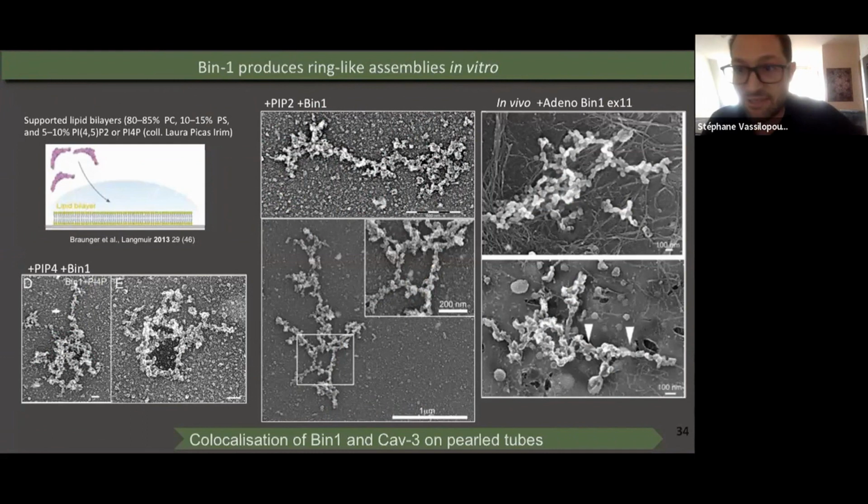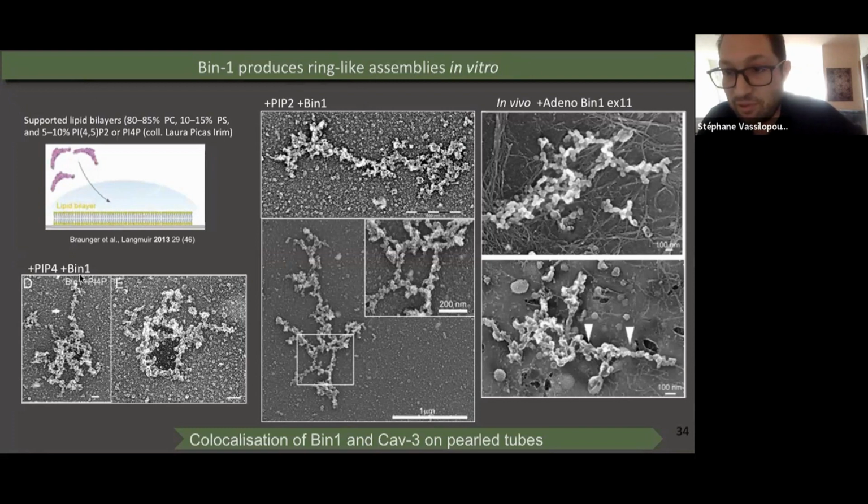Okay, and the last piece of data for this purely basic science part of the presentation is that we collaborated with Laura Picas in Montpellier to prove that this was something that was capable of happening in vitro, that bin1 is capable on its own of forming a ring. And so what Laura did is that she incubated bin1 with phosphoinositides on a supported lipid bilayer, which was either phosphoinositide PIP2 or PIP4.